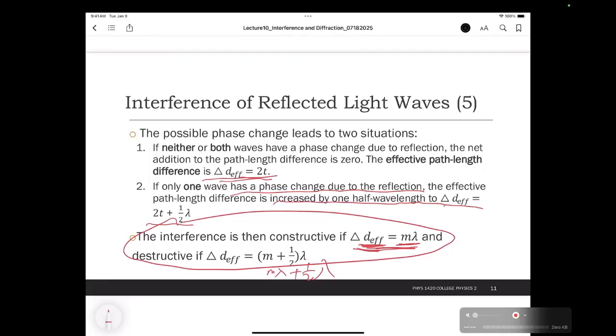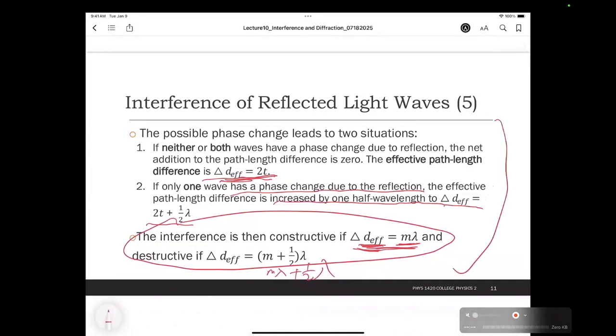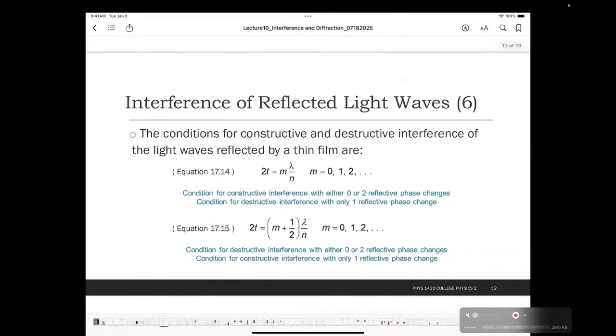We have already talked about this a lot. According to those things, we can have these equations, here 2T.